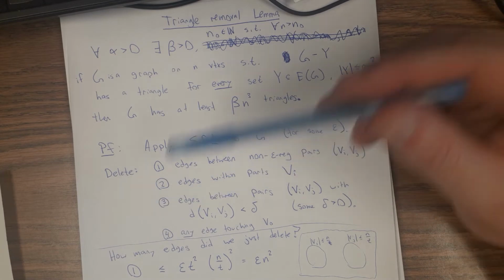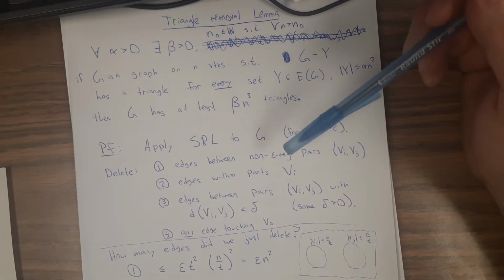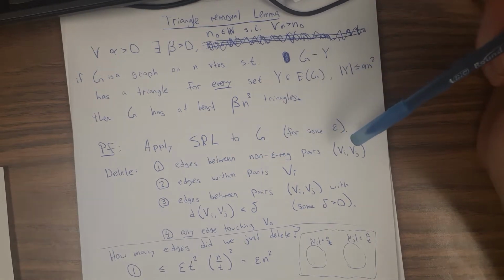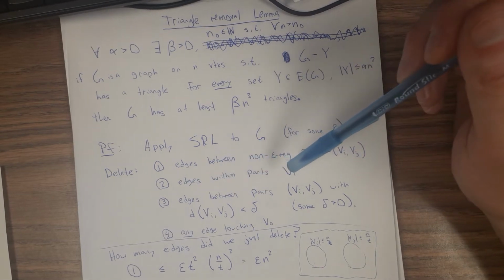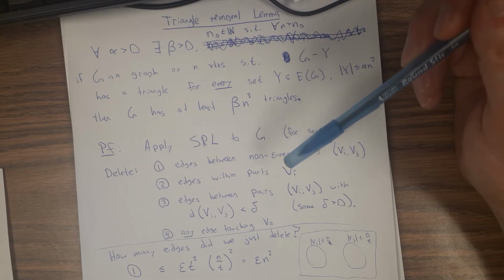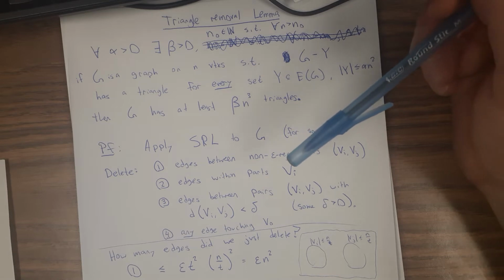Some of those pairs, Vi, Vj, are epsilon regular, and some of them aren't. I'm going to delete all the edges between pairs that aren't epsilon regular. Then I'm going to delete all of the edges that have both ends in the same part. So I'm going to delete the edges within V0, V1, V2, and so on.